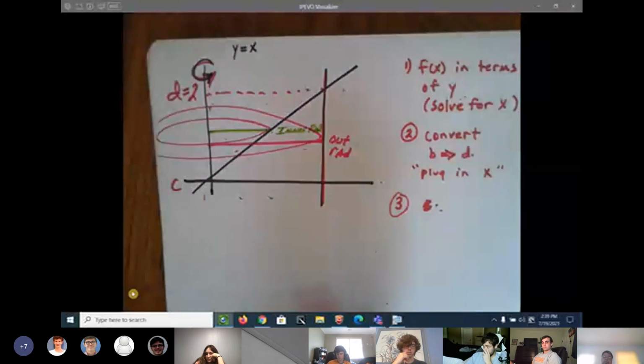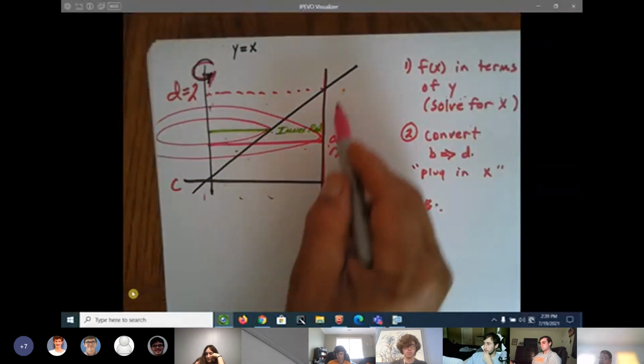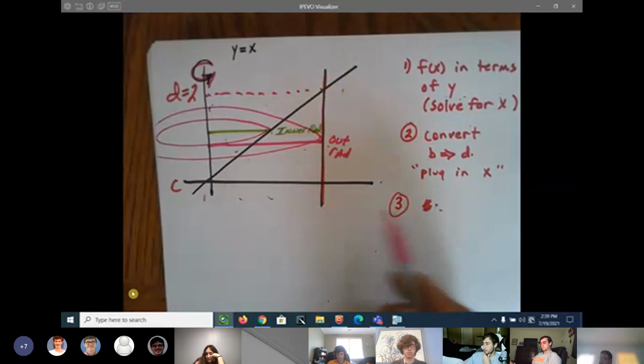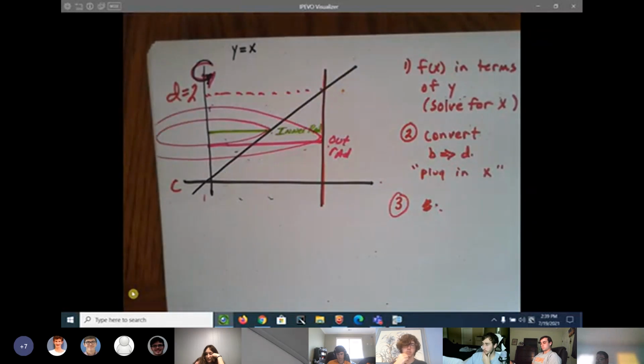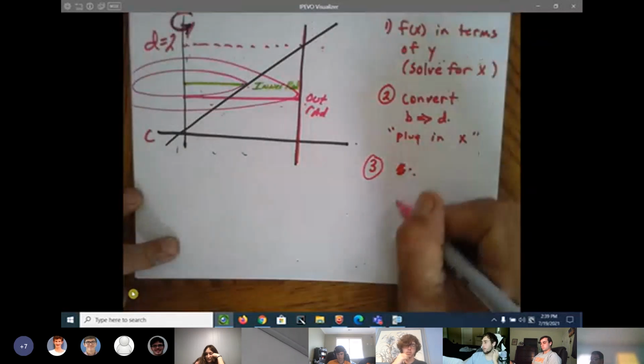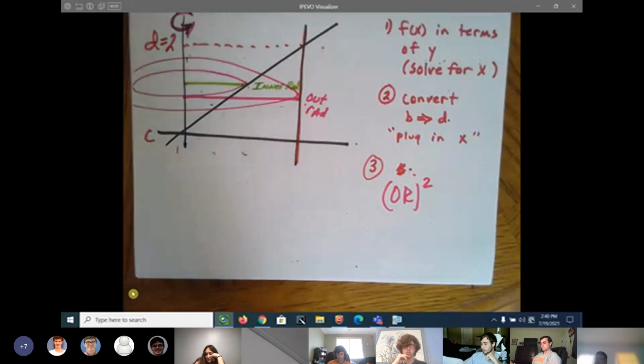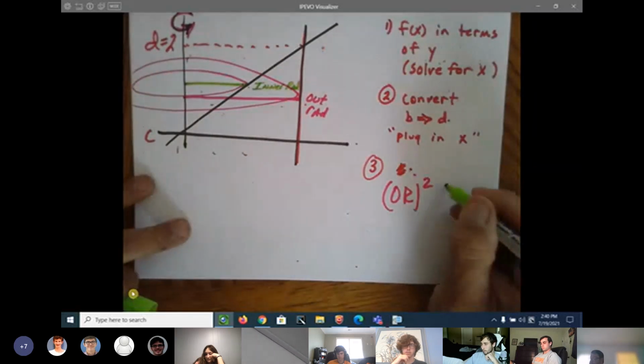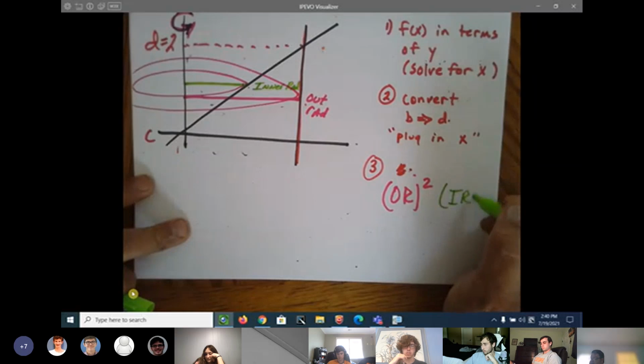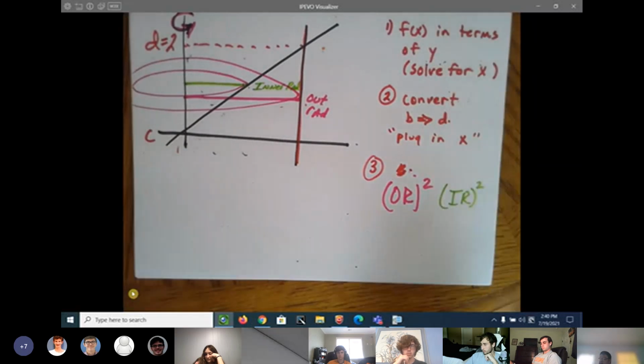So remember that your outside radius is usually going to be right there. So you're going to do your outside radius minus your what? Minus the inside radius. And they both have to be in terms of y.